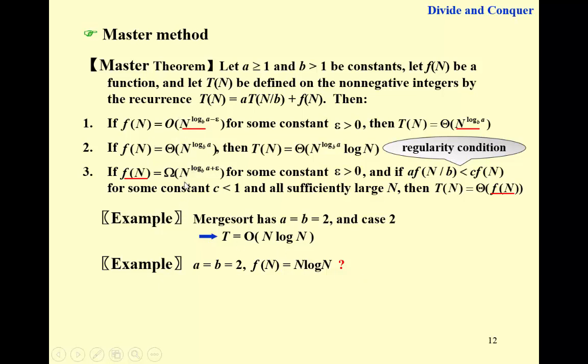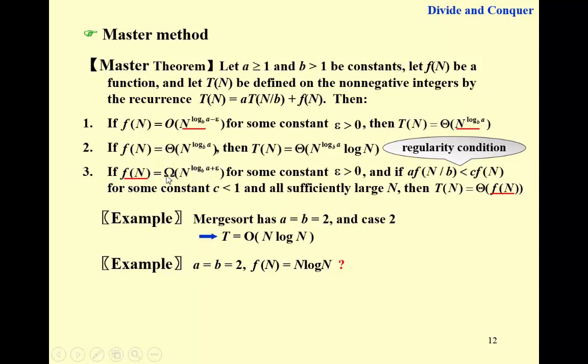Let's check those conditions one by one. Certainly it is not bounded above by n to the power of 1 minus epsilon, because this is more than n, it's n times log n, so condition 1 doesn't work. And for condition 2, this is big theta of n, this is n log n, it grows faster than n, so condition 2 doesn't work.